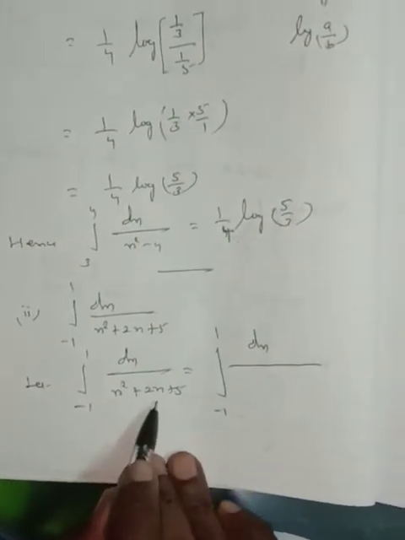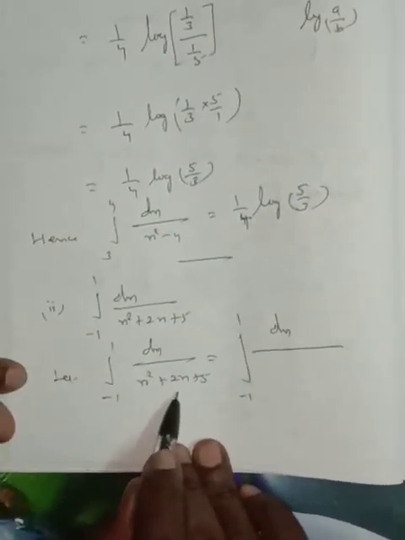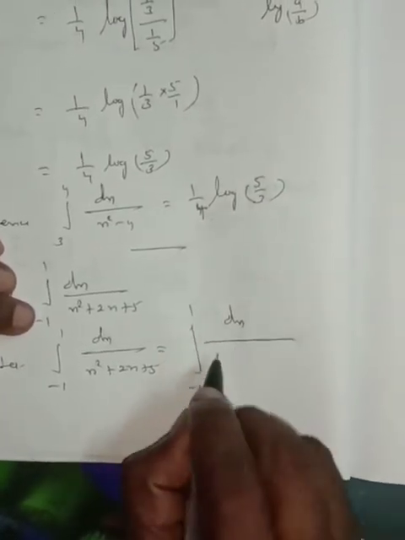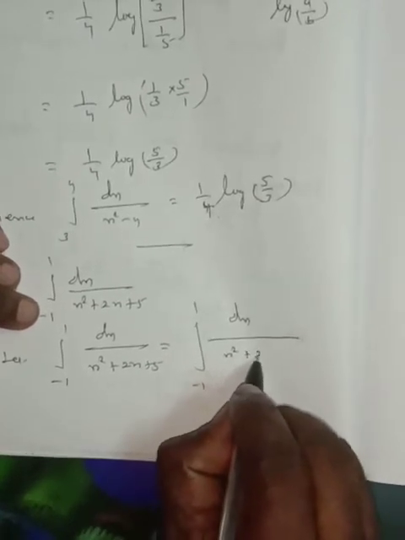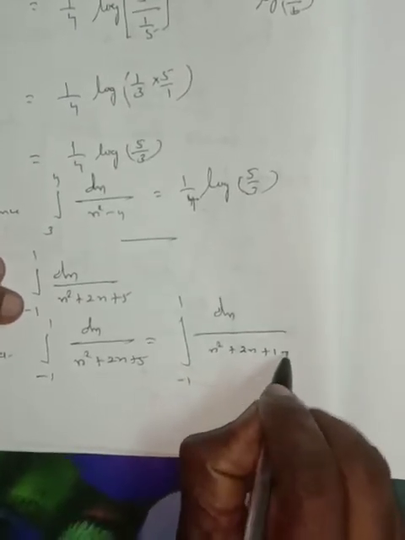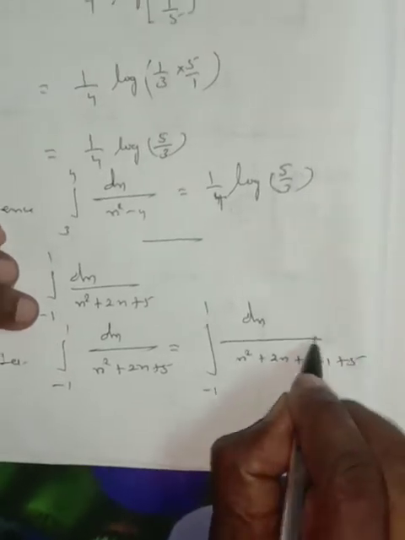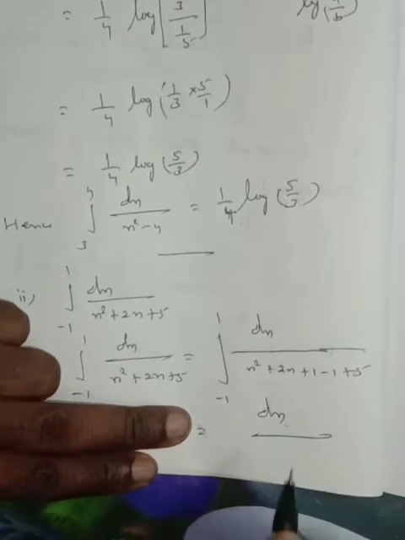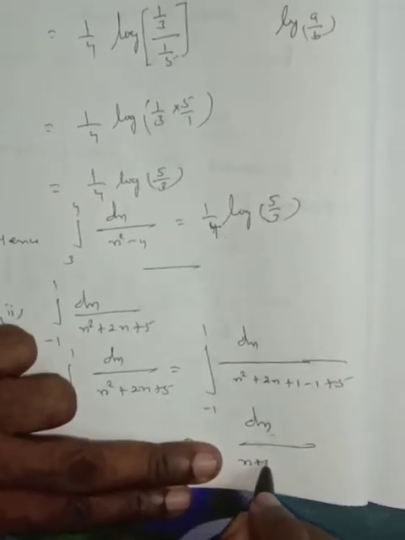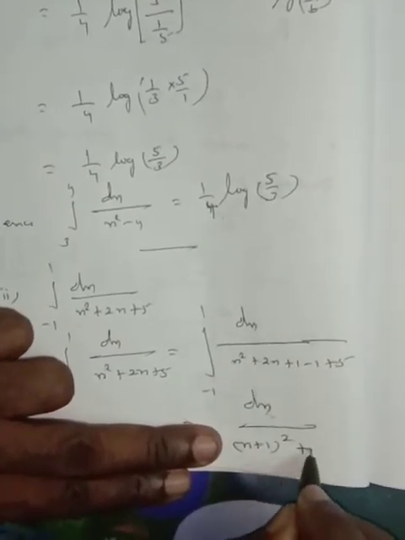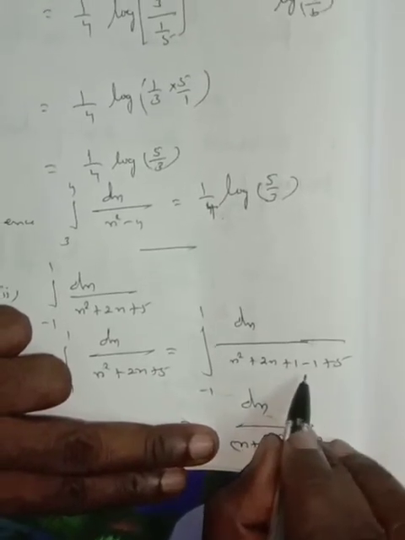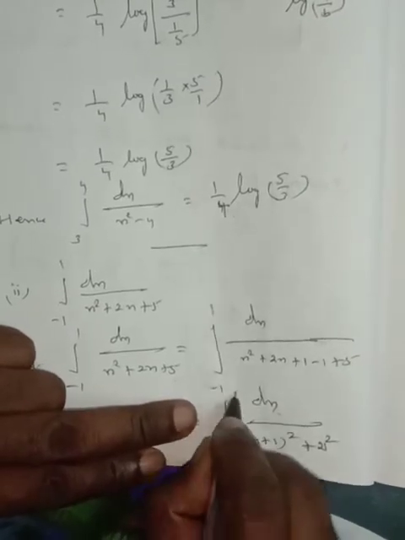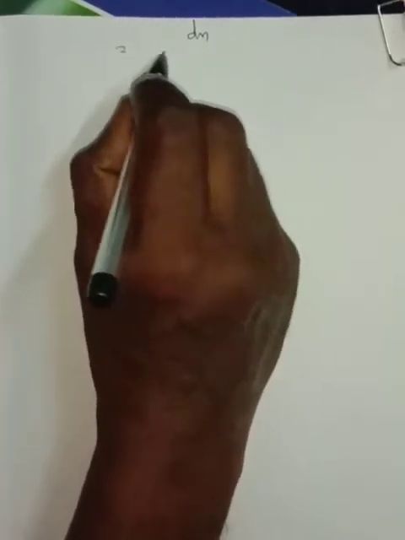The coefficient of the x term is 2, divided by 2 gives 1, so add 1 square and subtract 1 square. Therefore we get x square plus 2x plus 1 minus 1 plus 5, is equal to dx divided by x plus 1 whole square plus 2 square, since 5 minus 1 is 4, and 4 means 2 square.